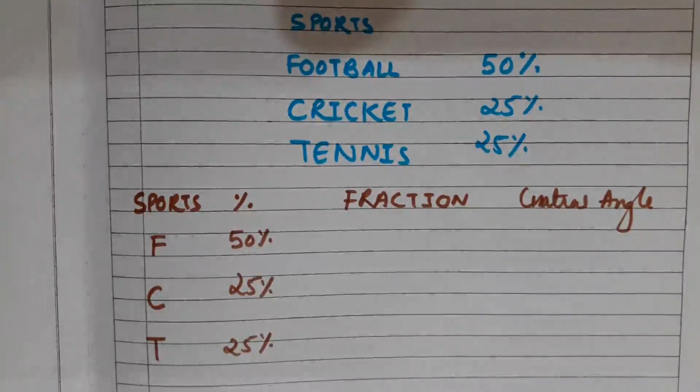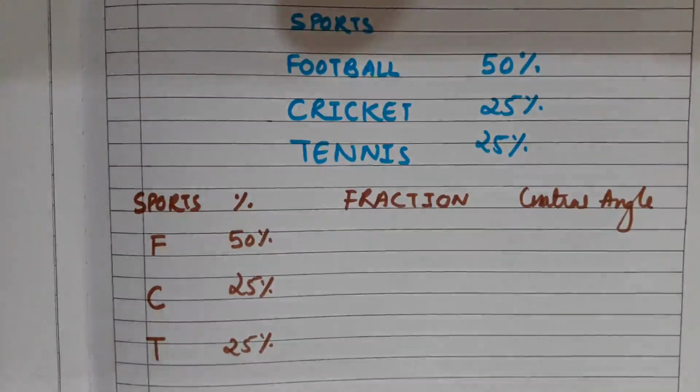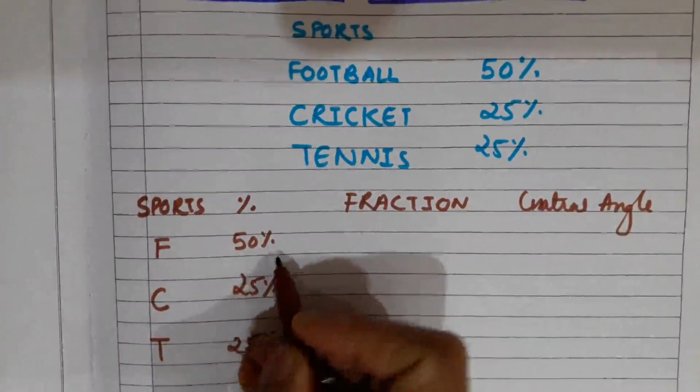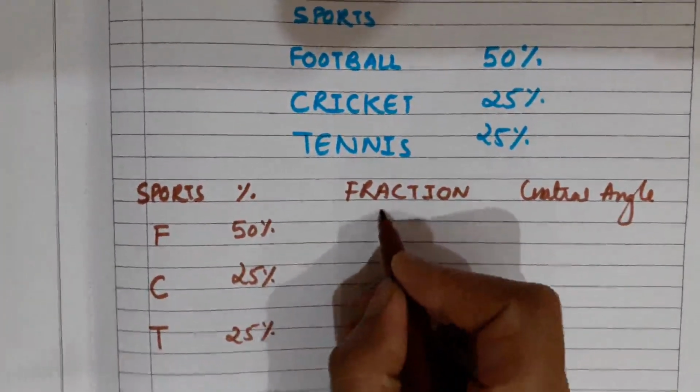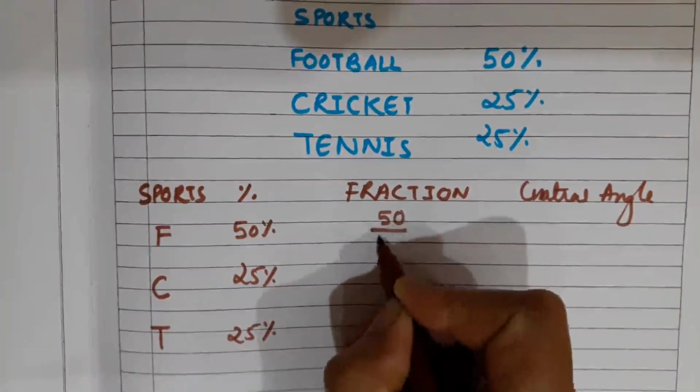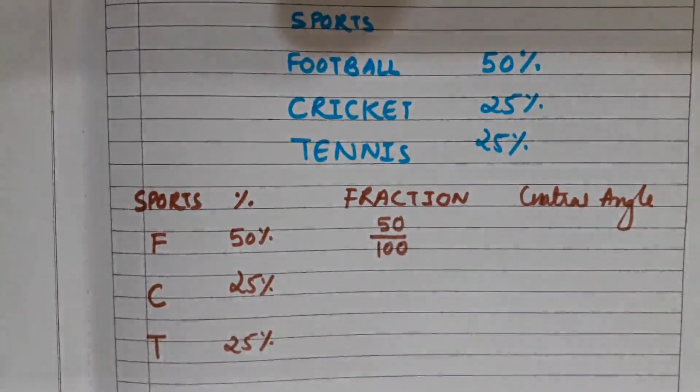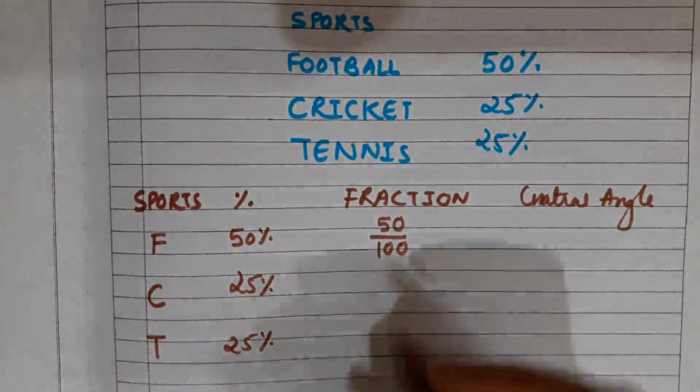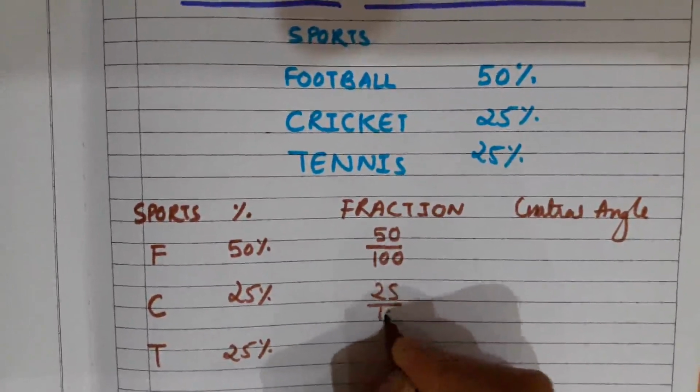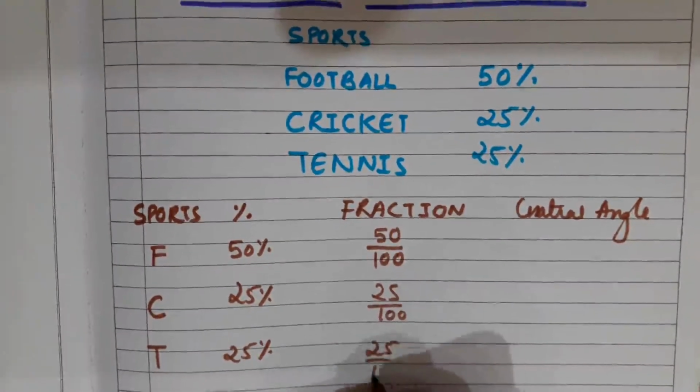The sports percentage is given, so you can divide by 100, like this, 50 upon 100, because we need to convert into a fraction. In this way you can convert: 25 upon 100, or 25 upon 100.